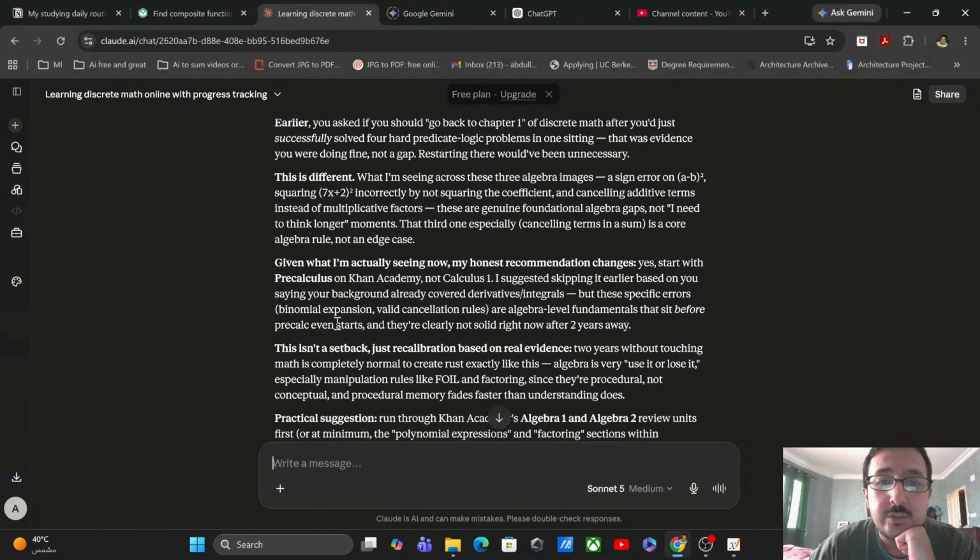This is different. Seen across these three algebra problems, you assigned errors incorrectly by an answer. But I am actually seeing my honest recommendation change here. Not that I need to think longer. The third one especially, cancellation, is a core algebra rule, not an edge case. Given what I'm actually seeing, my honest recommendation changes. Start with Precalculus, not Calculus 1.